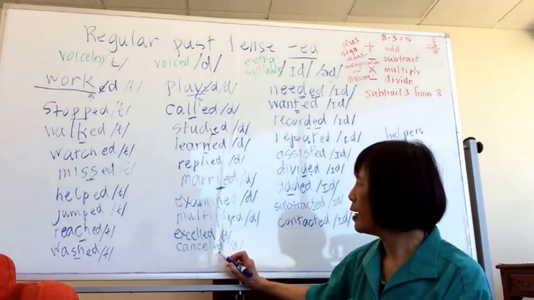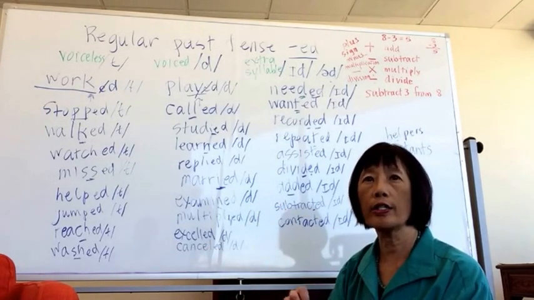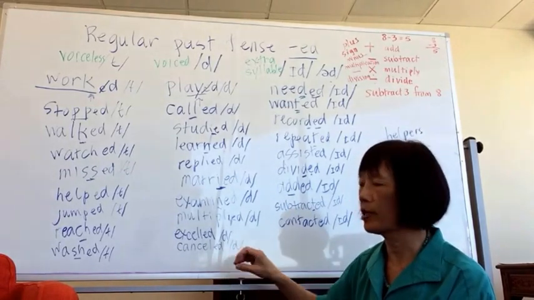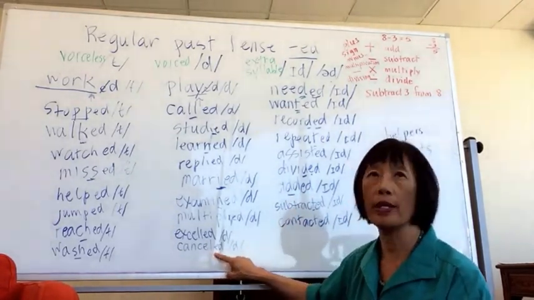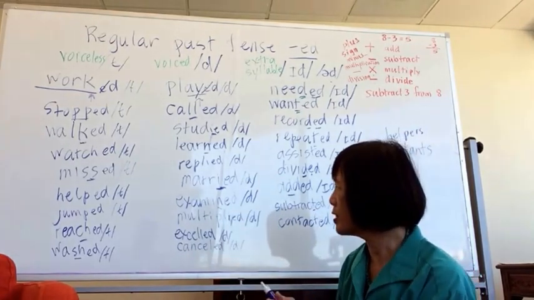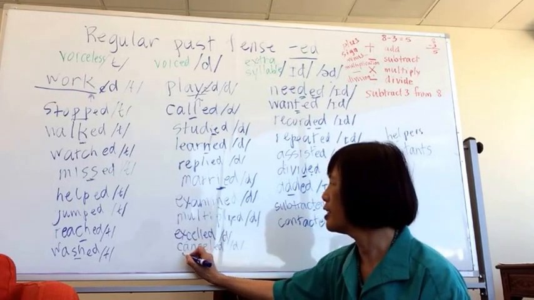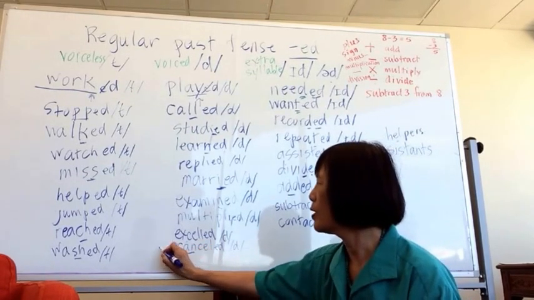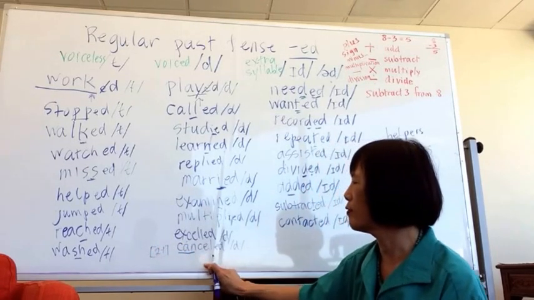If the word cancel, 2 syllables, right, is stressed on the first syllable, not the last one, cancel, then we don't need to put a double letter here. So since this one is the stressed syllable, we can also say this is a one-two word. It has 2 syllables stressed on the first.